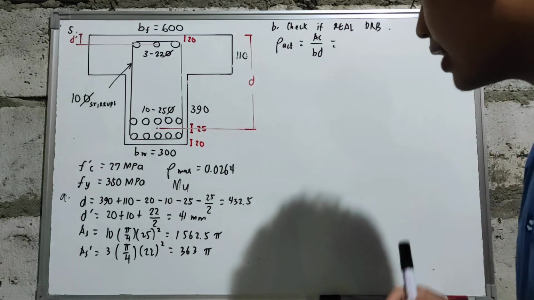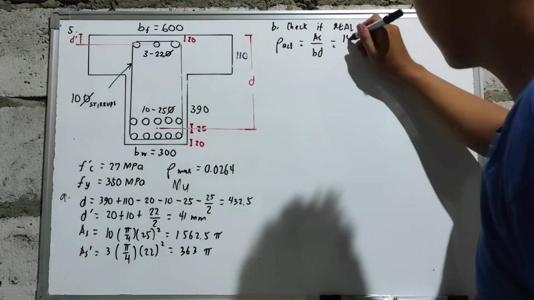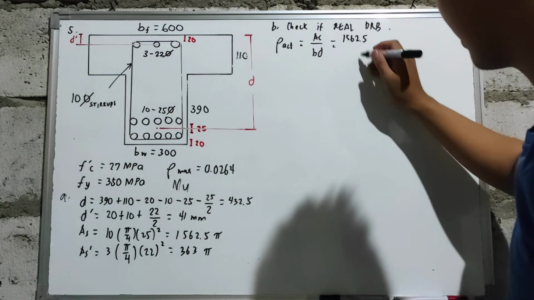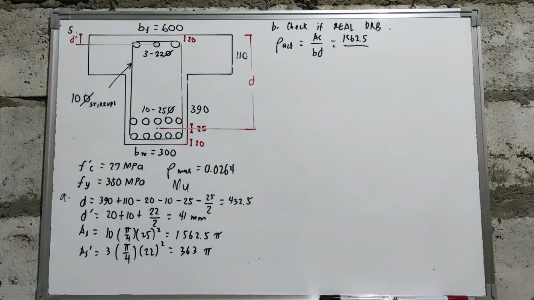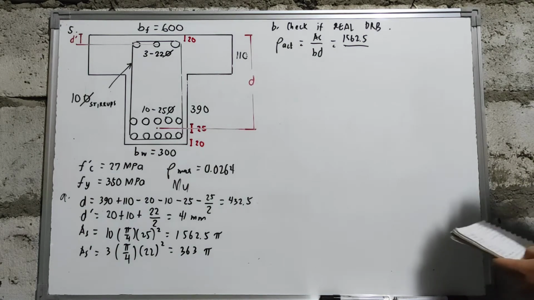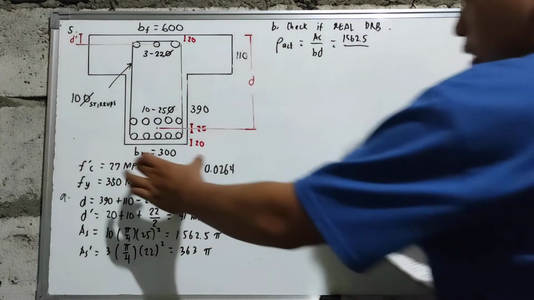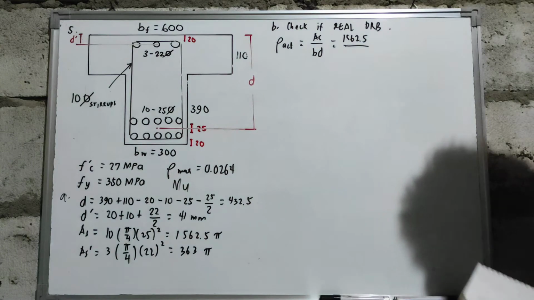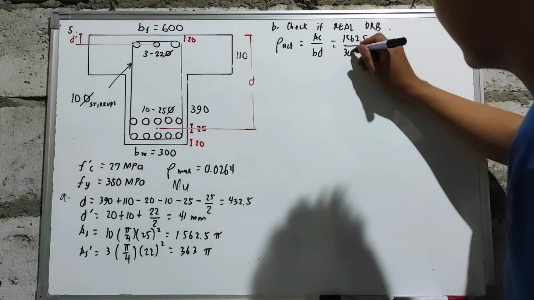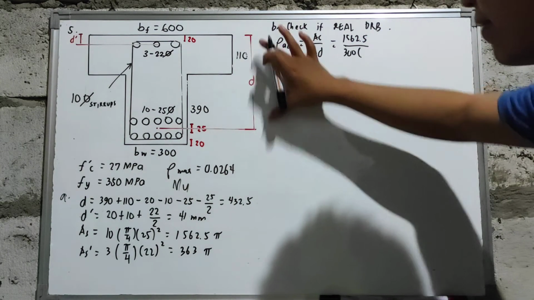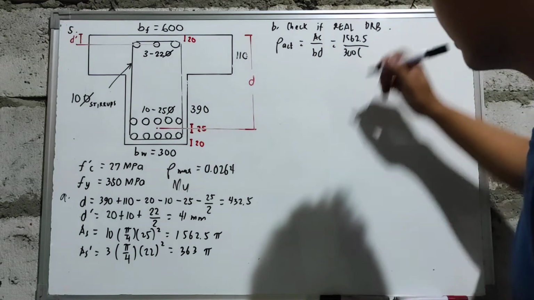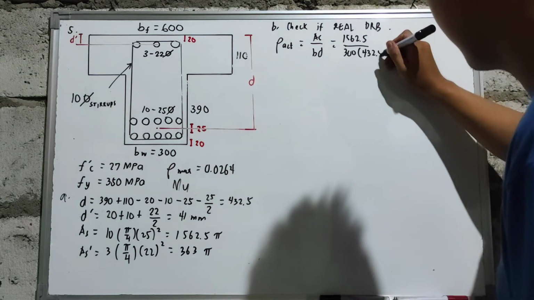So yung AS natin dito, that will be 1,562.5 over the value of your B. So yung gagamitin nating B, eto yung width ng beam natin, which is equal to 300 multiplied by the effective depth of 432.5.